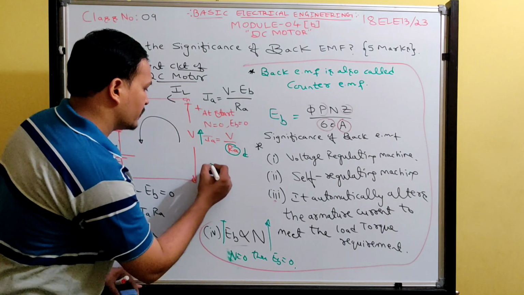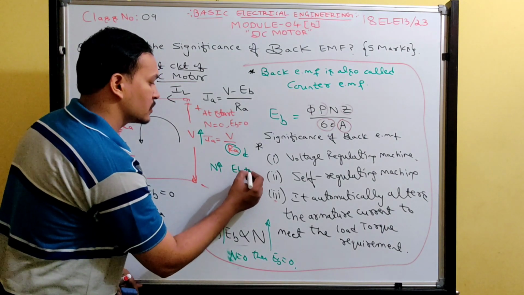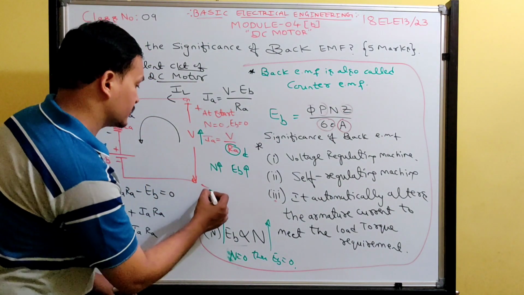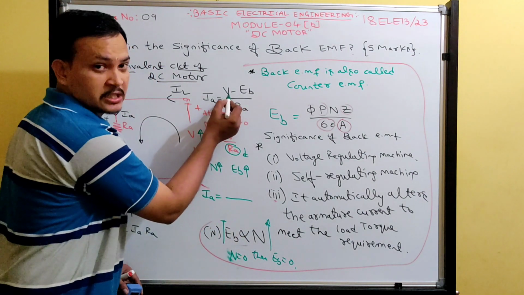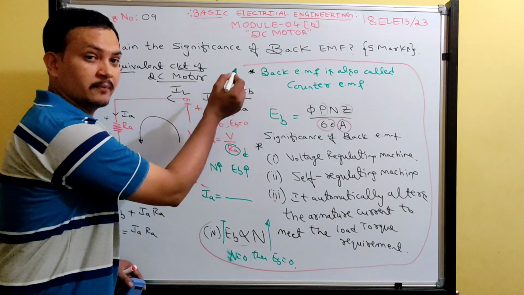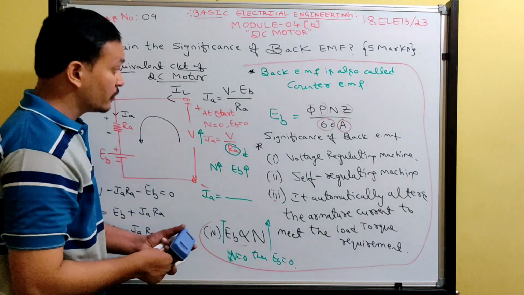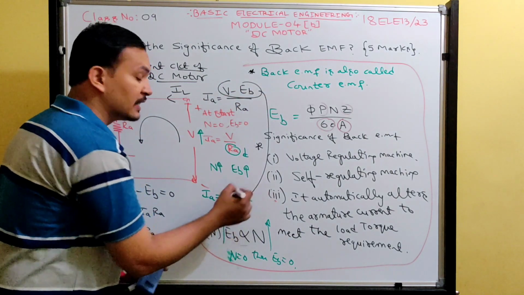So when armature speed increases, what happens? Back EMF is also going to increase. The supply voltage is fixed, back EMF is increasing, so the resultant V minus EB is going to decrease.